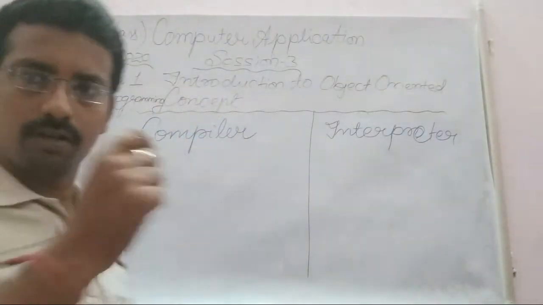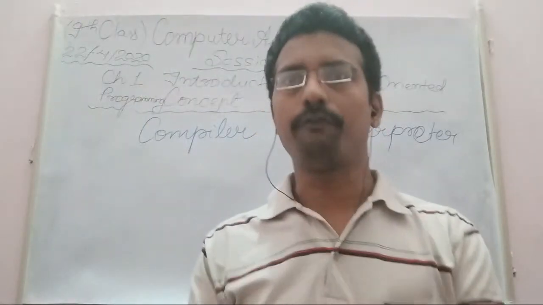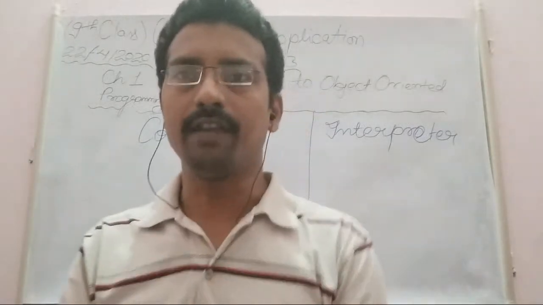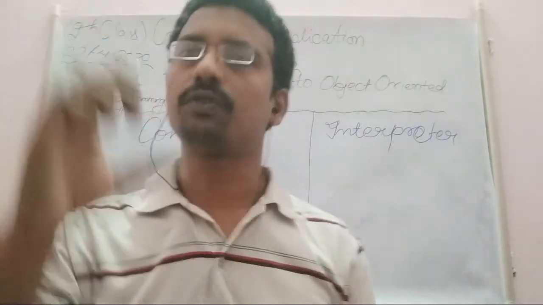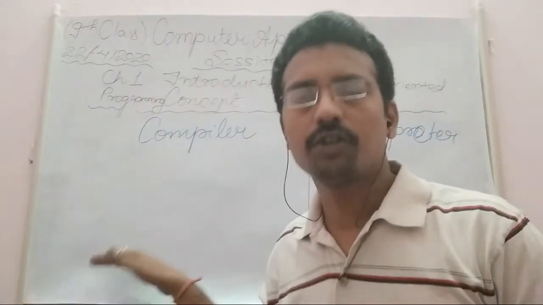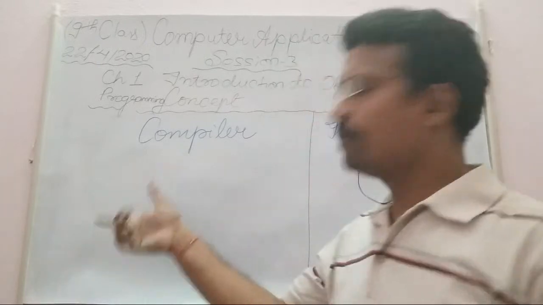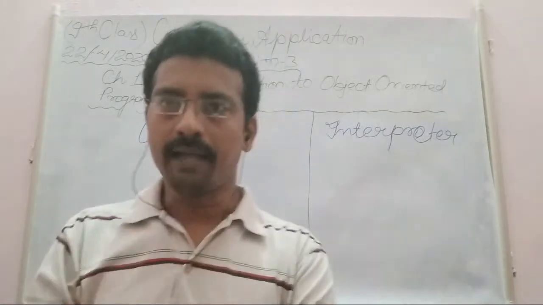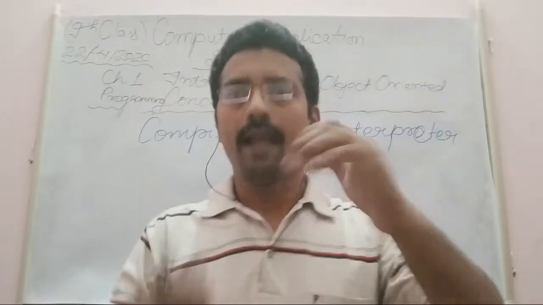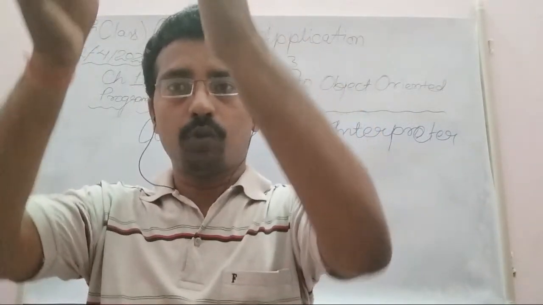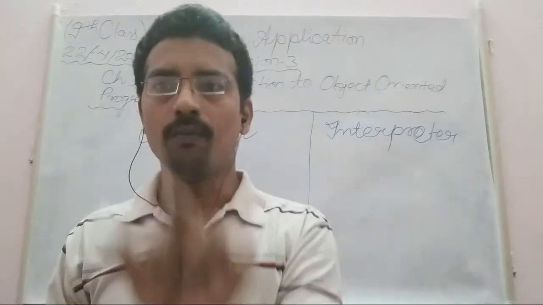A compiler is a translator that is used for converting high level language into machine language, all coding at once, and also the error checking at once. It takes all the coding, converts it into 0-1 format, and if errors are there, it indicates the errors in one go.